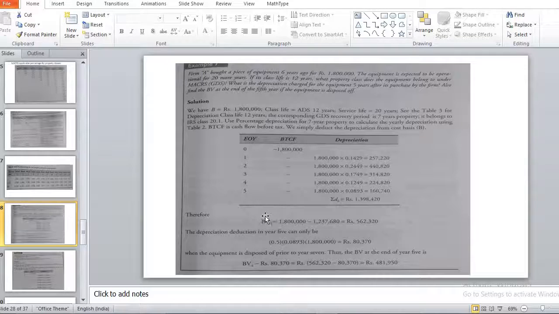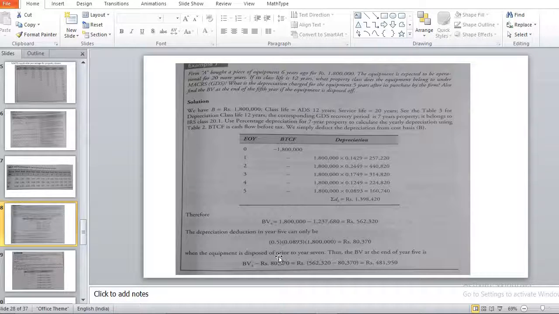So we are interested to find the book value at year 4. But this equipment is disposed of at the 5th year, before its useful life of 12 years.